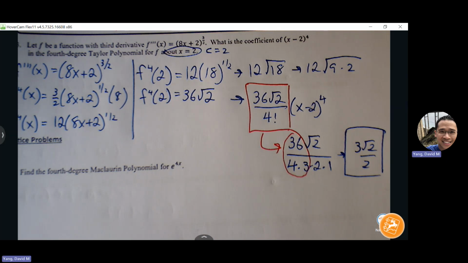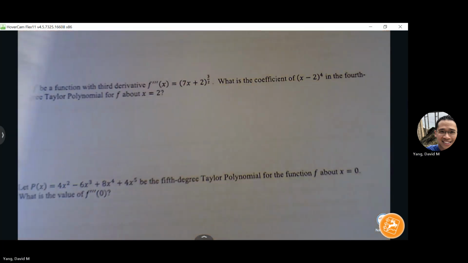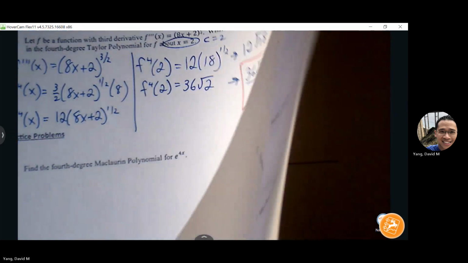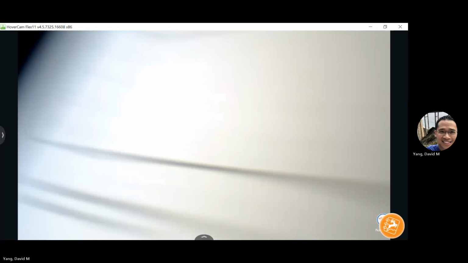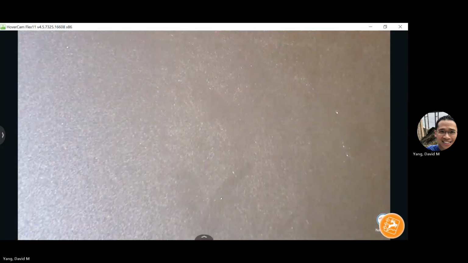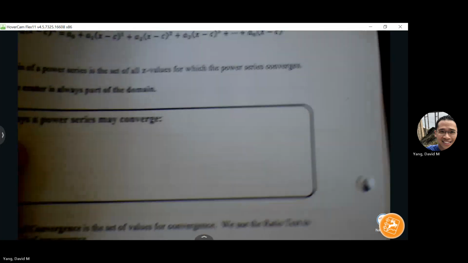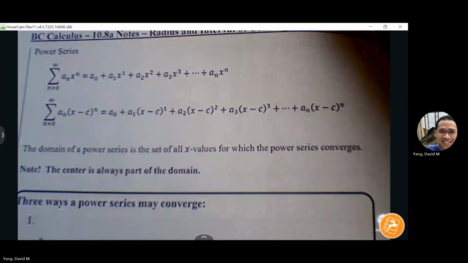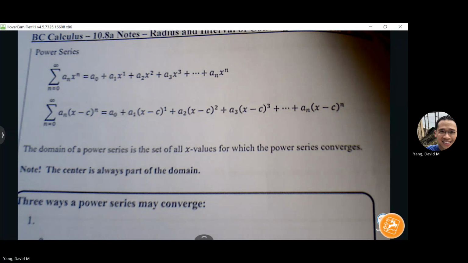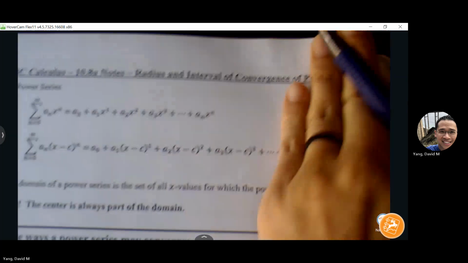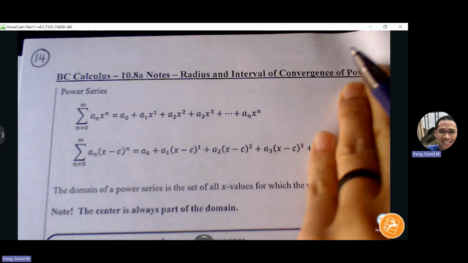Let's go into the 10.8A notes. So this is page 14 here.